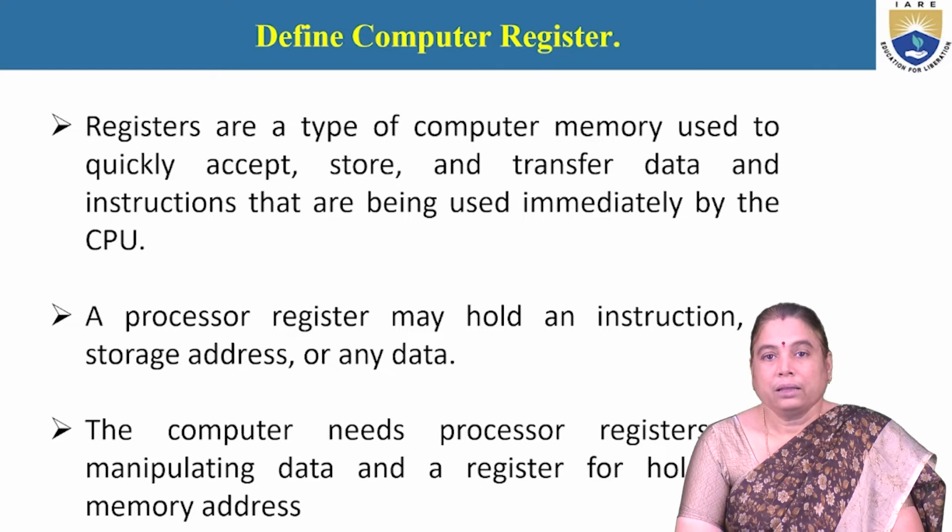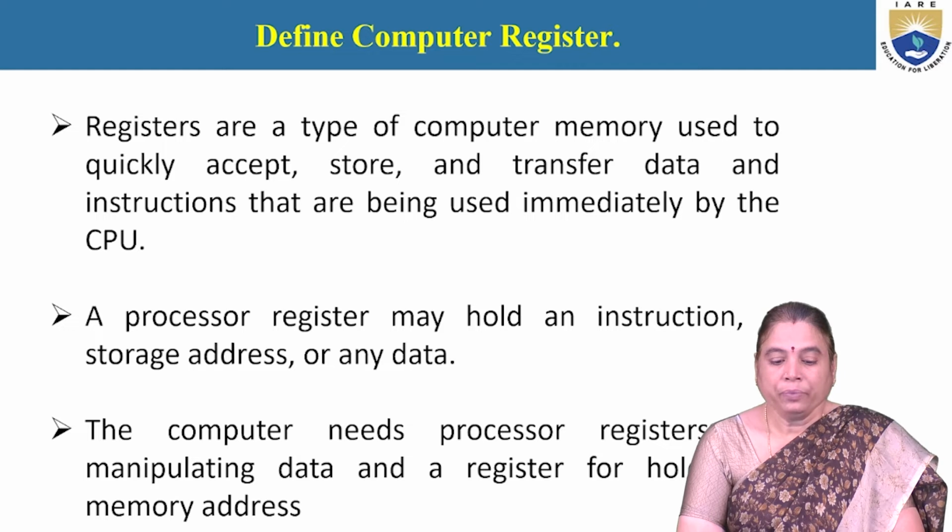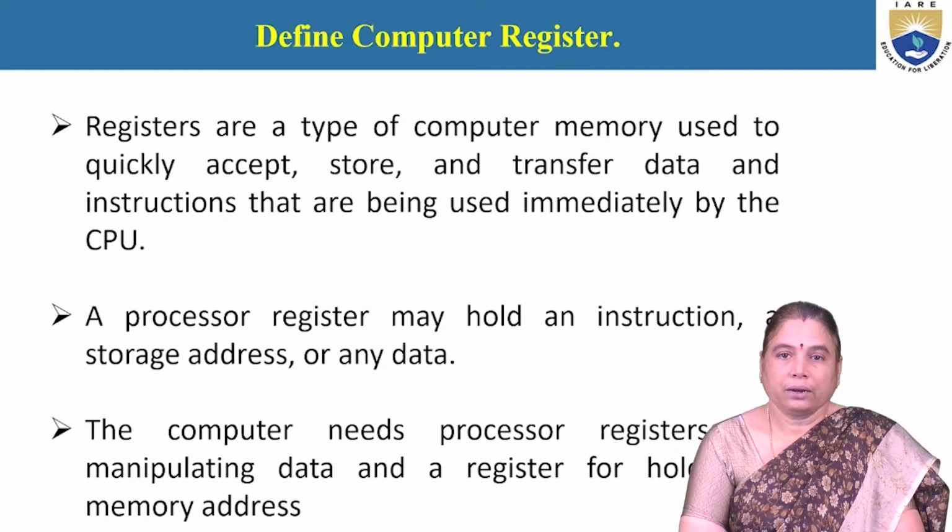Because they are easily available on the CPU itself. And registers have a very small storage capacity. Registers are a type of computer memory used to quickly accept, store, and transfer data and instructions that are being used immediately by the CPU.